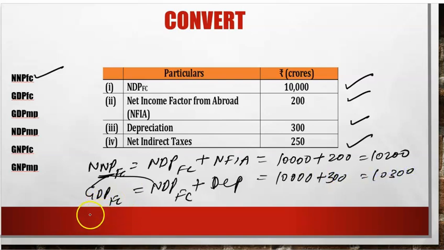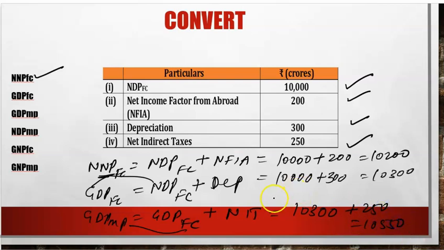Third one is GDPMP. We have already calculated GDPFC. The only conversion is FC into MP, that is plus NIT, small to big. So what is GDPMP? GDPFC 10,300. What is NIT? 250. So that comes to 10,550. That is GDPMP.